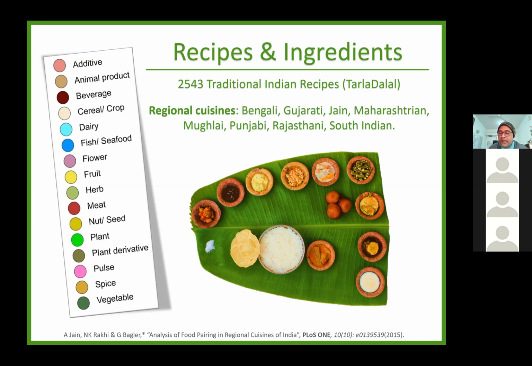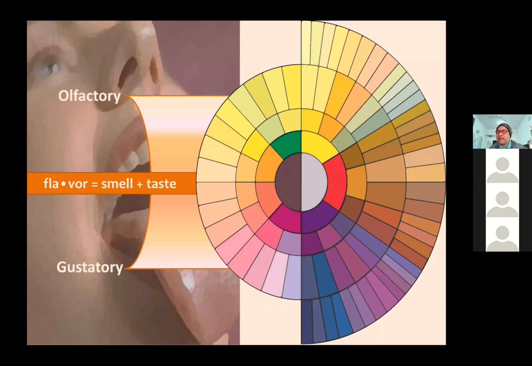But to be able to answer the question about food pairing, we need to look at the flavor basis of the ingredients. Because whatever we are consuming, onion, tomato, chili, tamarind, etc., we are consuming by virtue of the taste and odor that they present to us when we taste or smell them.